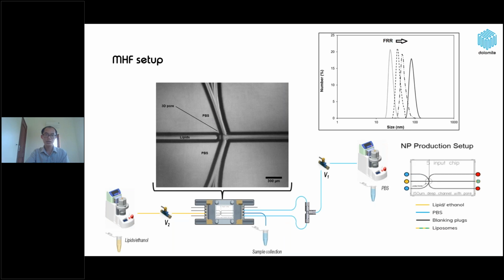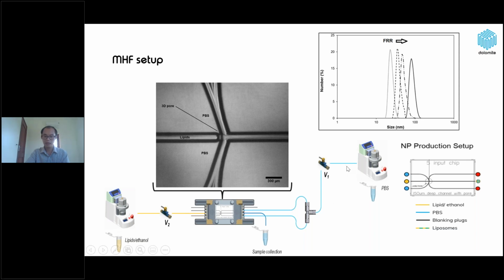This one shows the system setup for a single channel system. The lipid and ethanol will be pumped using one pump to the interface in the channels of the microfluidic chip. Here, for example, we use a 5-input microfluidic chip design. The lipid and ethanol are pumped in at the interface here, as you can see in more detail.